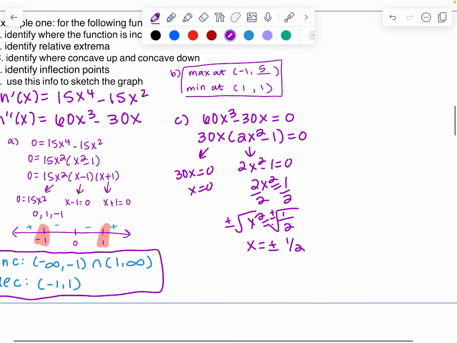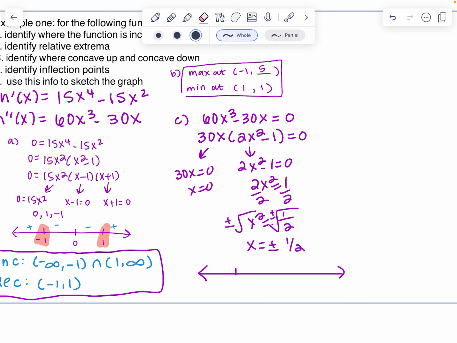And so I have 3 answers here. I have 0, positive square root of 1/2, and negative square root of 1/2. So these are the possible places where the concavity could switch. Therefore, those are the possible places that there are inflection points. Also, sorry, the square root will stay on the 2 here.